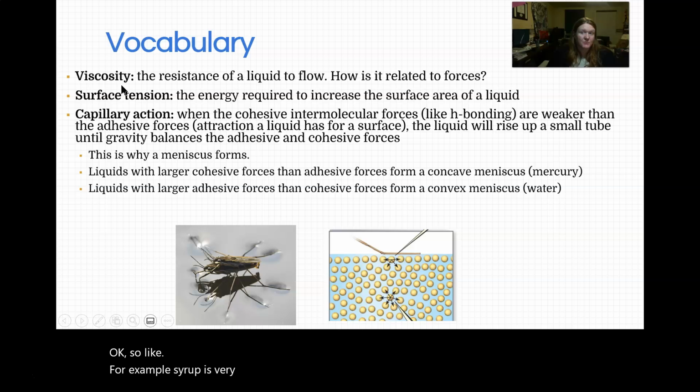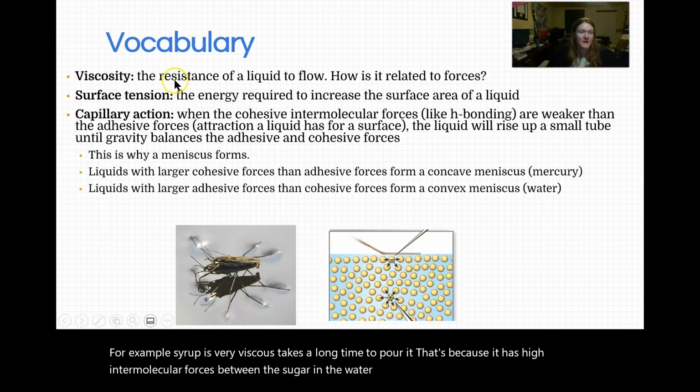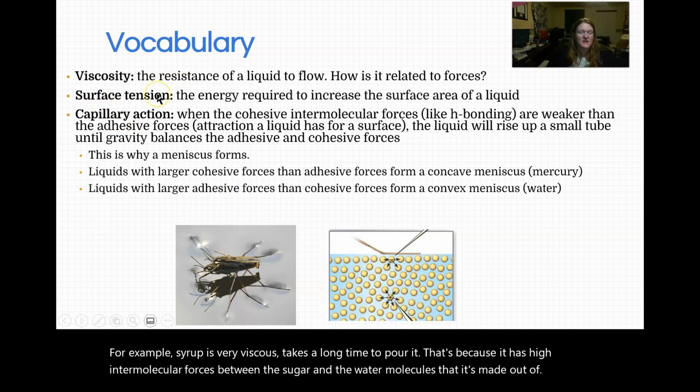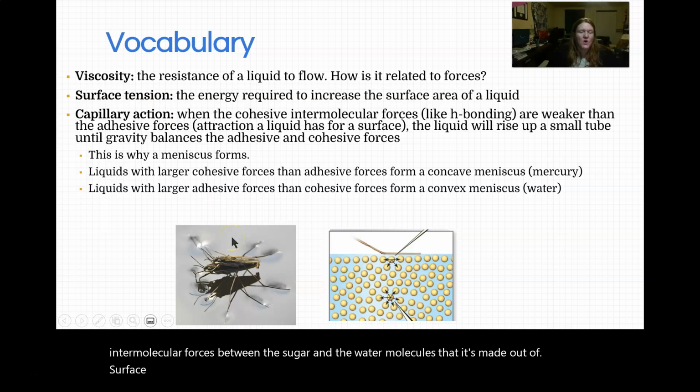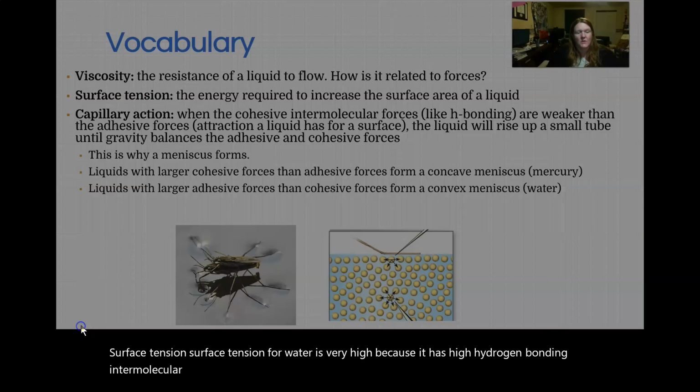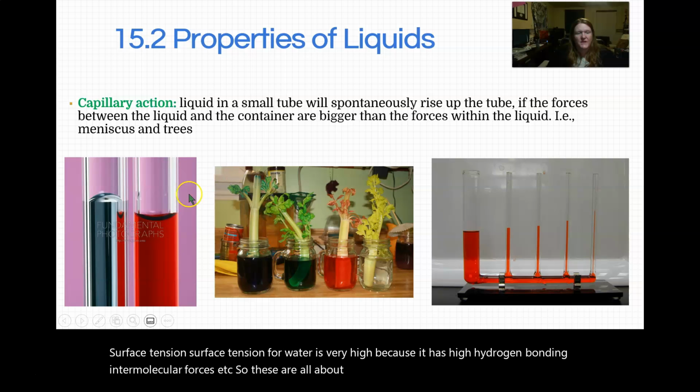It takes a long time to pour it. That's because it has high intermolecular forces between the sugar and the water molecules that it's made out of. Surface tension for water is very high because it has high hydrogen bonding intermolecular forces, etc. So these are all about the strength of IMF.